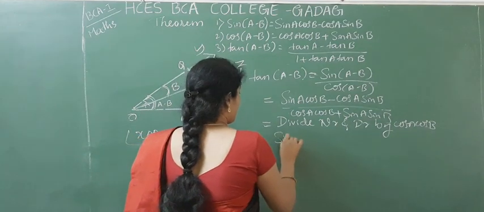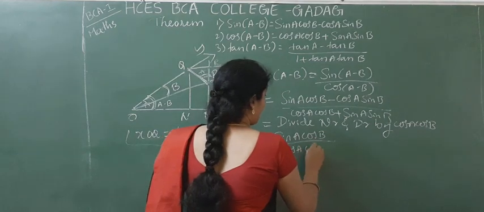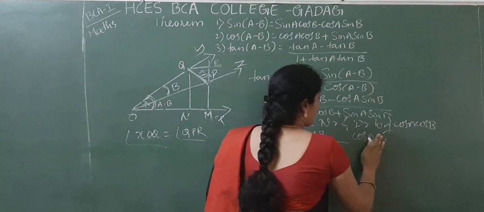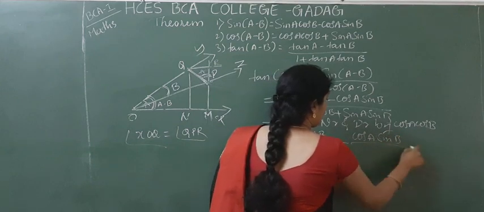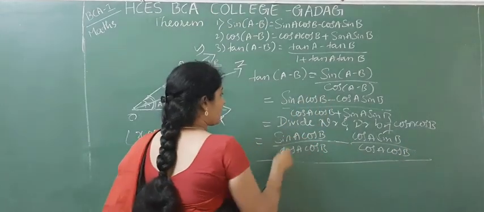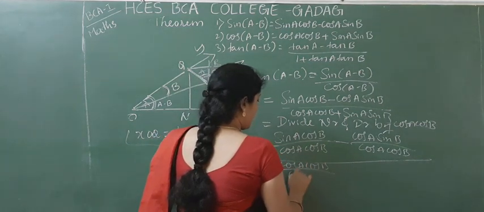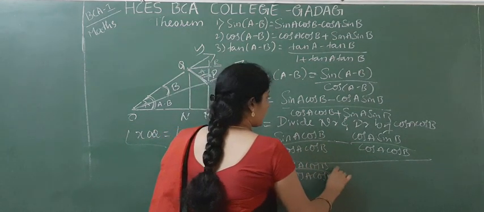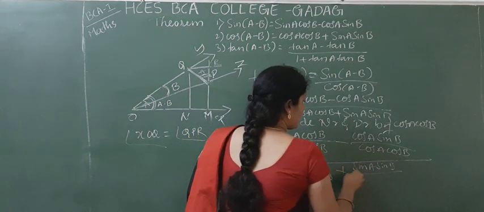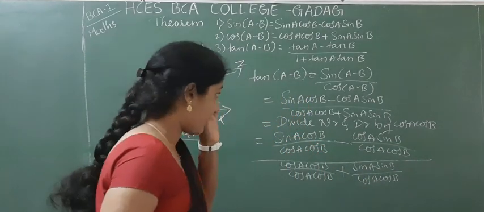See, sin A cos B divided by cos A cos B minus cos A sin B divided by cos A cos B, whole divided by cos A cos B divided by cos A cos B plus sin A sin B divided by cos A cos B. Now let's simplify this.